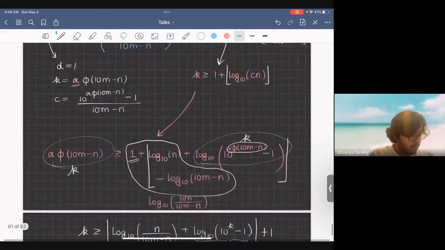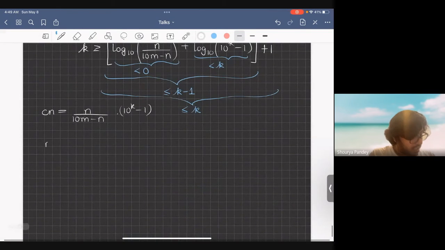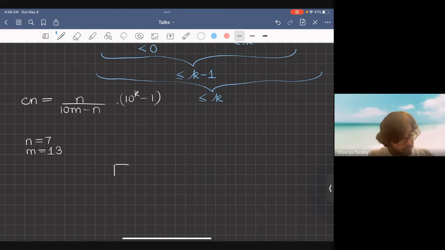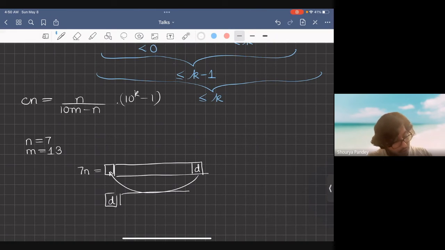So let's just take n equal to 7 and m equal to 13, and so we wanted this something to be 7C. We had a digit d and we wanted to move it to here. That 7C is 13C, sorry, this is 13C.